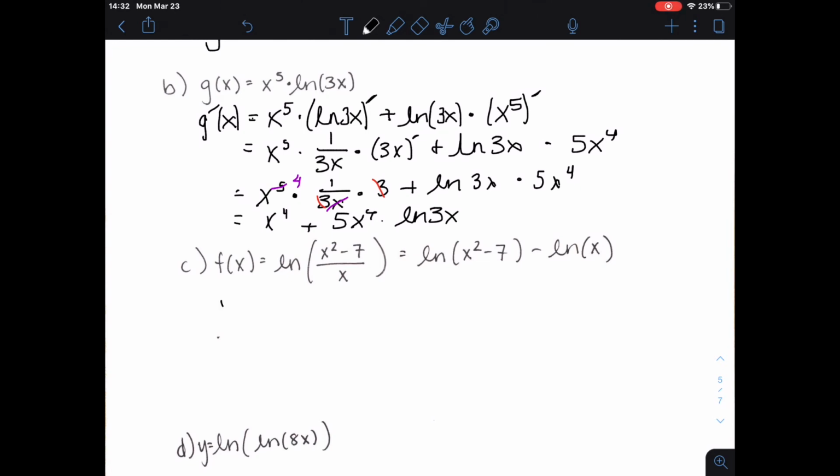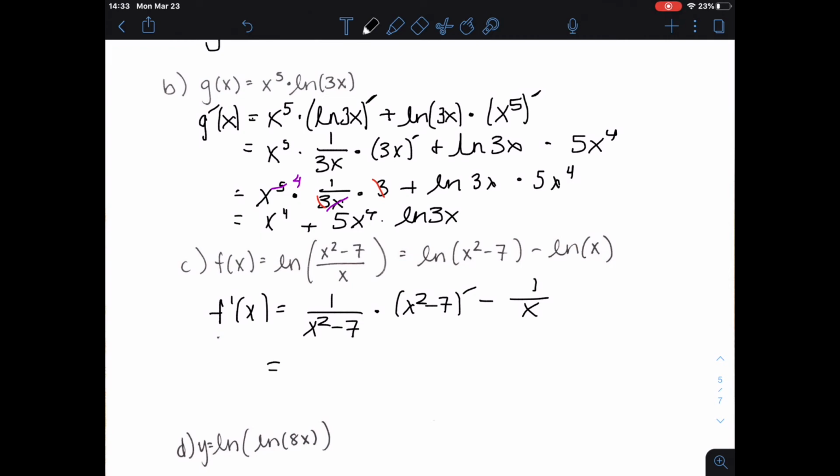So now when we go to take the derivative, you can just differentiate each separately. So derivative of the natural log is 1 over that function, and then chain rule again, multiply by the derivative of that function. And then natural log of x is really nice because its derivative is just 1 over x.